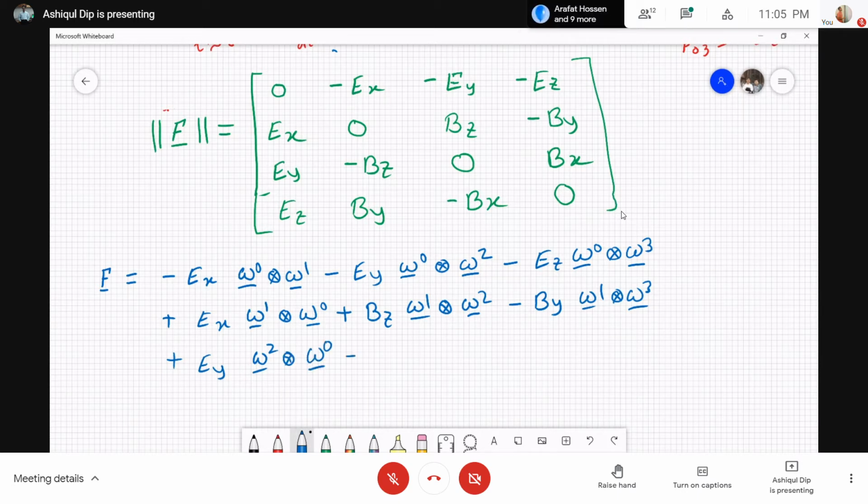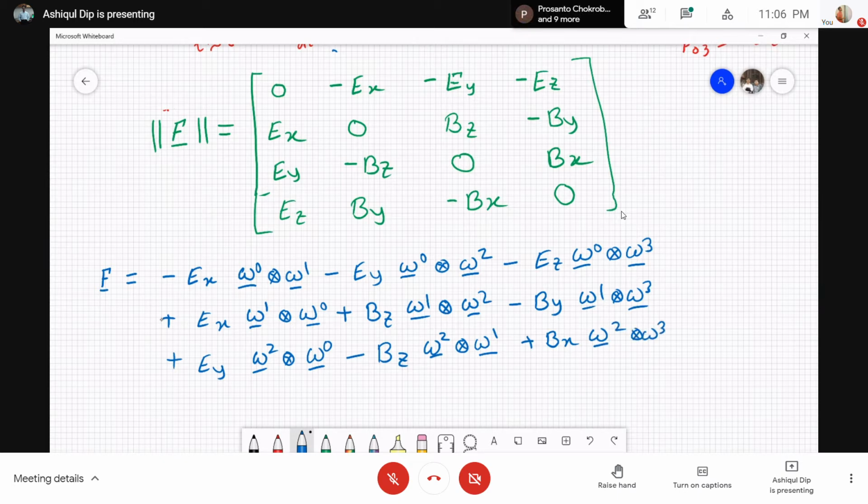Then minus Bz omega 2 times omega 1, then plus Bx omega 2 times omega 3.